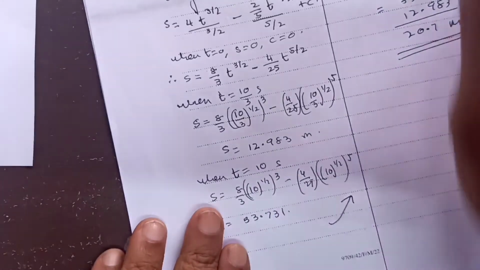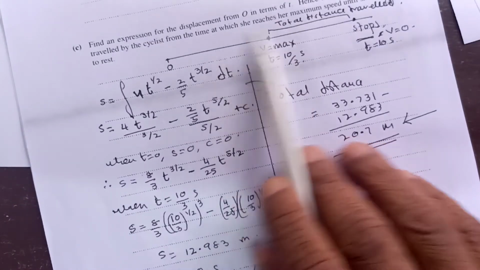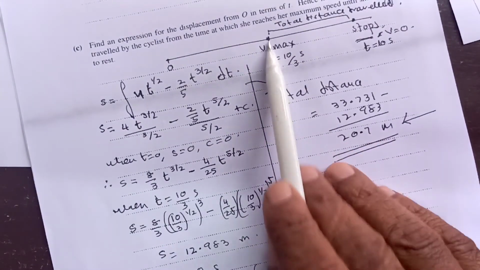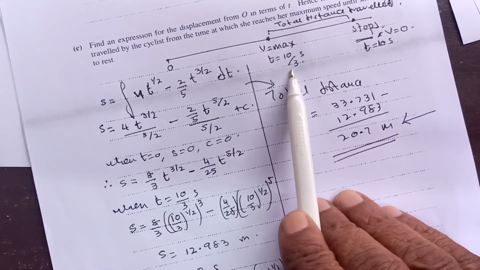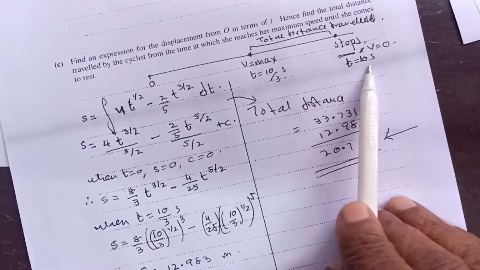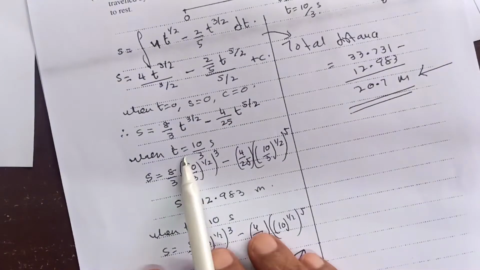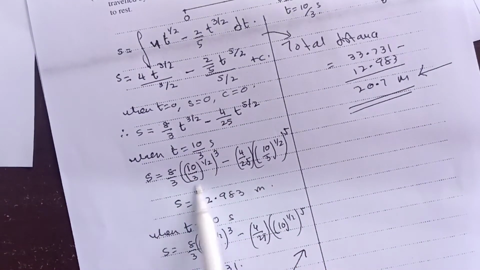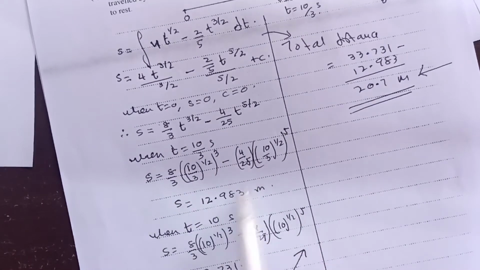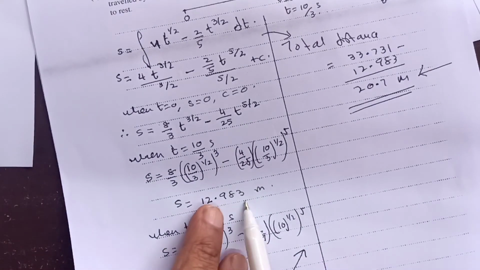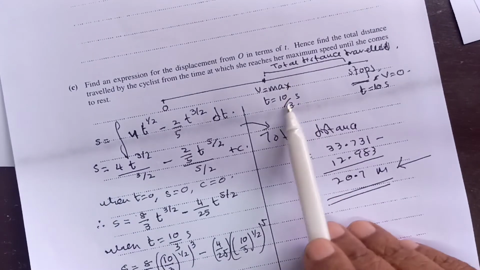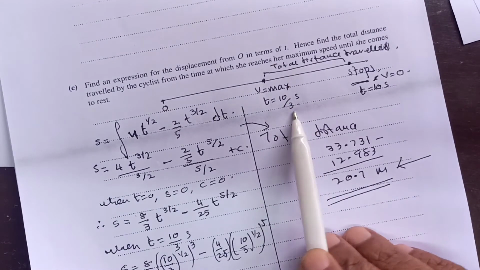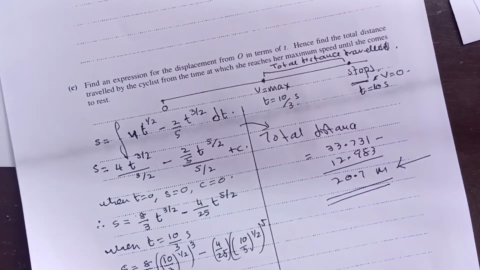Now you have to find the distance from t is equal to 10 upon 3 to t is equal to 10 seconds. What you have to do, you just replace this in your relationship. You will get the distance covered at t equals 10 upon 3.